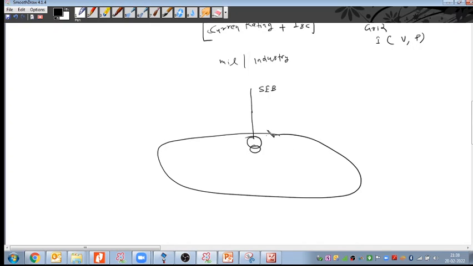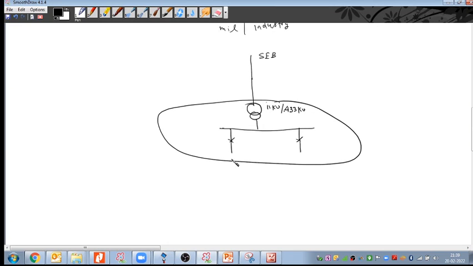Suppose they take 11 kilovolts from the electricity board and step down to 433 or 415 volts, and then feed this to the power distribution panels. There might be 2 or 3 voltage levels also. This is a small industry or high rise building, taking 11 or 33 kV step down, and then they feed.